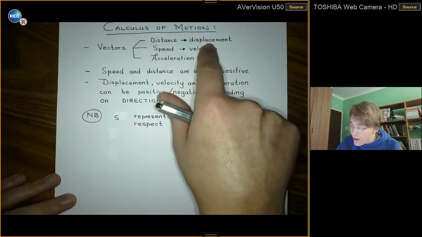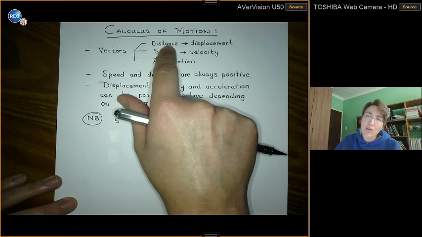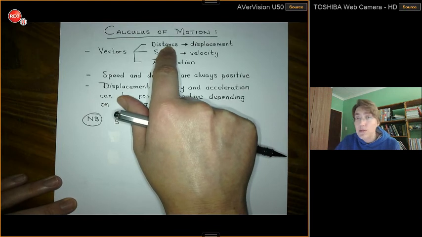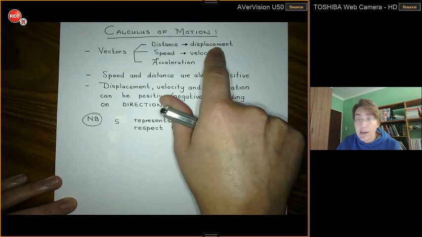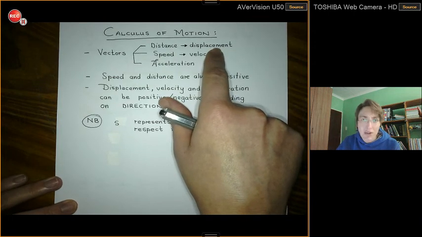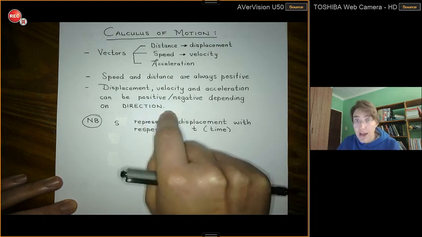Before in mathematics, whenever we calculated distance and ended up with a negative answer, we threw that answer away because distance can't be negative, which is correct. But please be careful, displacement can. We're going to look at examples where sometimes a negative answer is the correct answer because it refers to the direction.